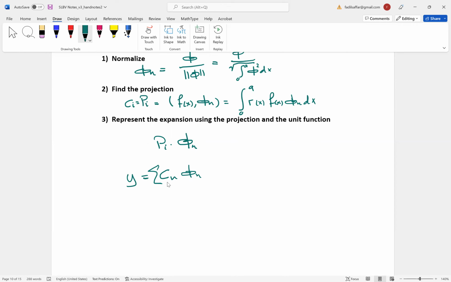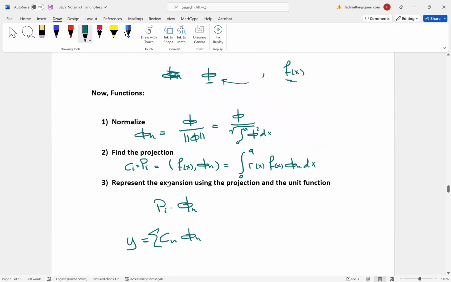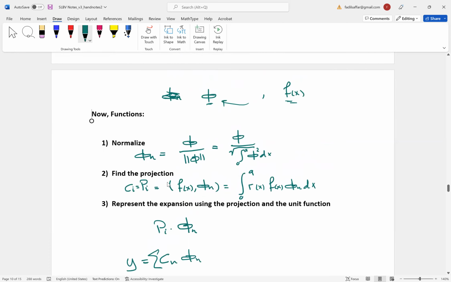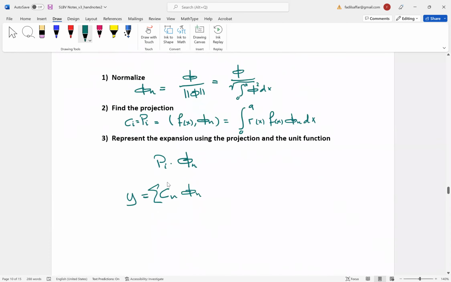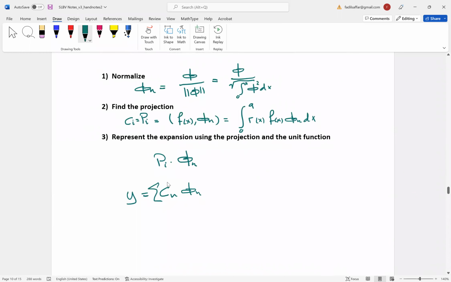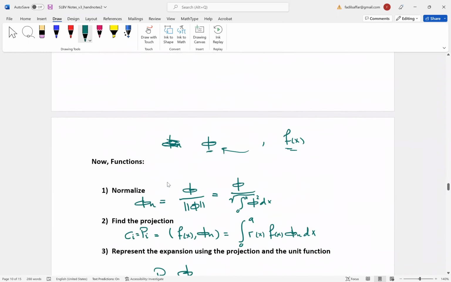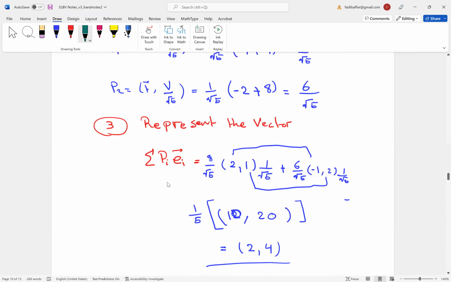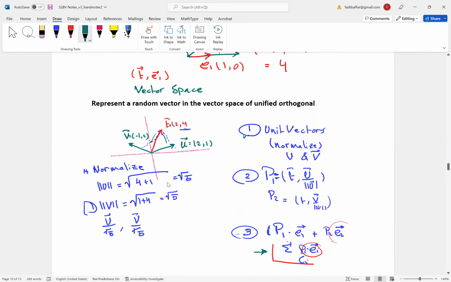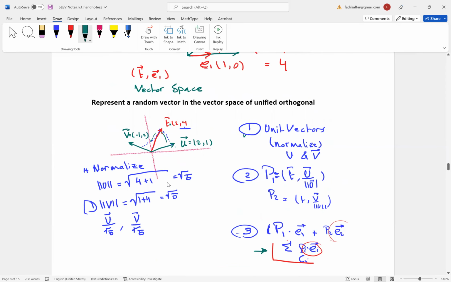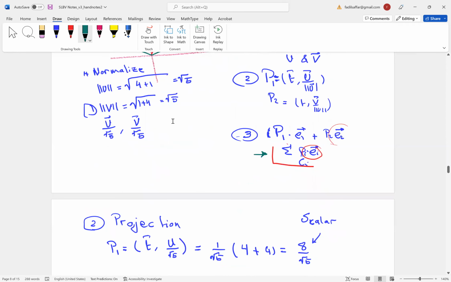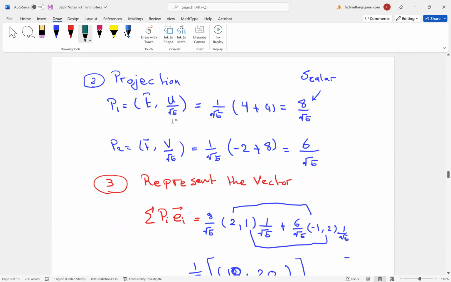If we have multiple functions, we'll have more examples here, but that's the point I'm trying to make: the expansion of any function is basically very much like projecting a vector onto a two vector space. Now, in this case, it just happens that we have vectors, but it's possible to have a function and express it in terms of other functions, or what we call the function space.